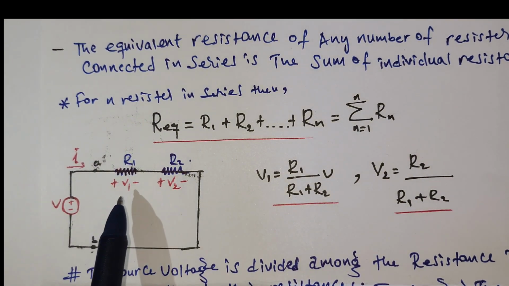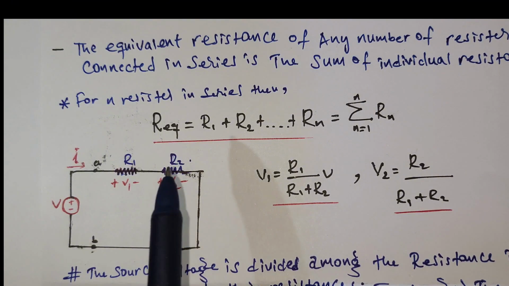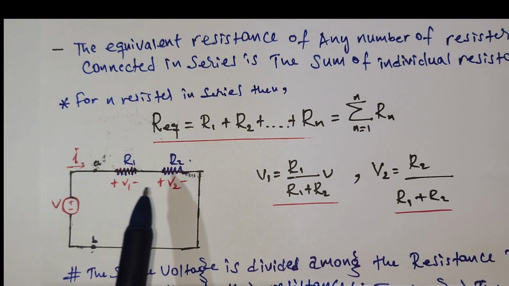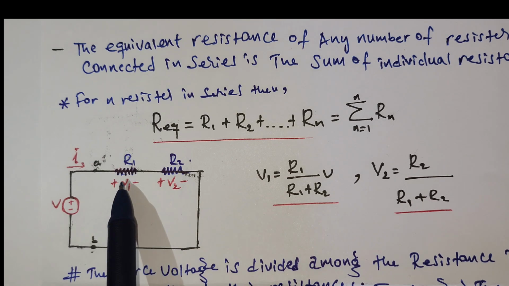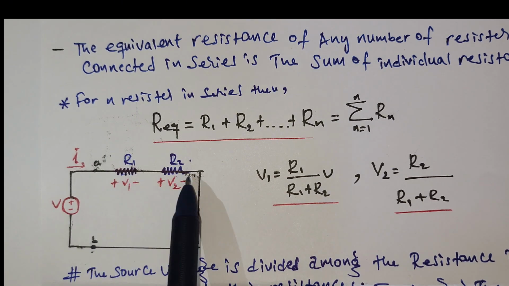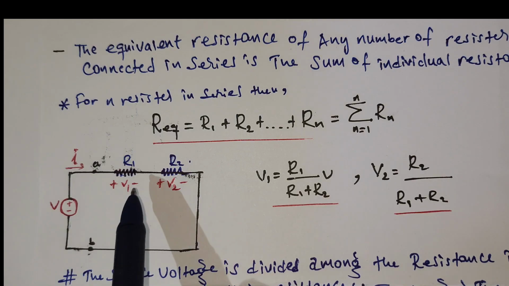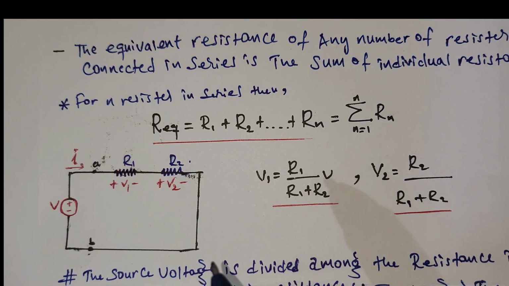For example, if you have these two resistors, the voltage supplied is shared among these two, dropped among them in accordance with the value of their resistance. The higher the resistance, the larger the voltage drop across it. The lower the resistance, the lower the voltage drop across that resistor.